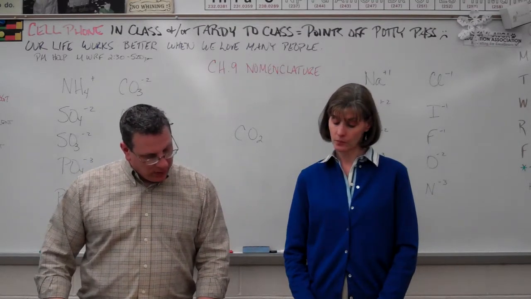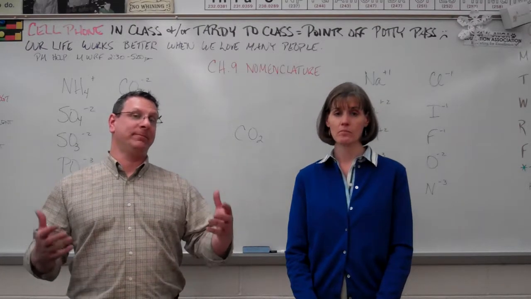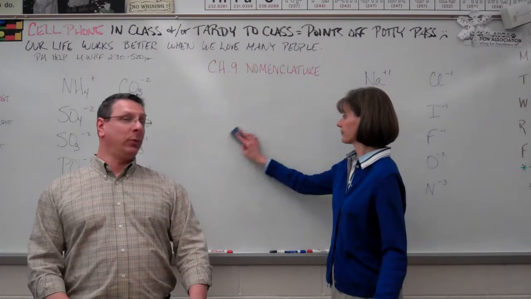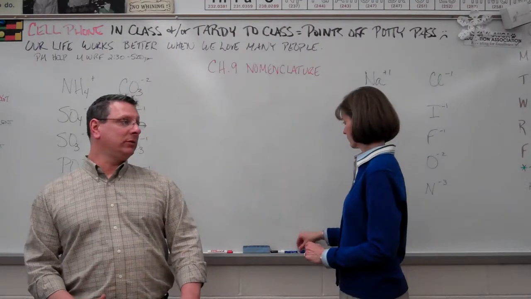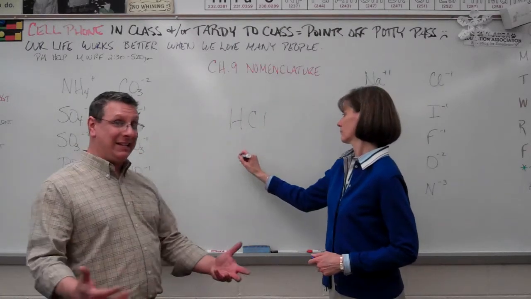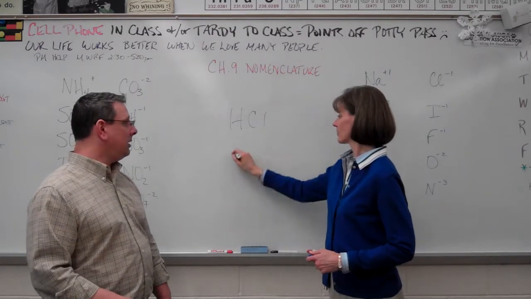17, what do acids produce when they are dissolved in water? What makes an acid an acid? Well, they produce hydrogen ions. When they dissolve in water, they dissociate to produce at least one hydrogen ion in solution.